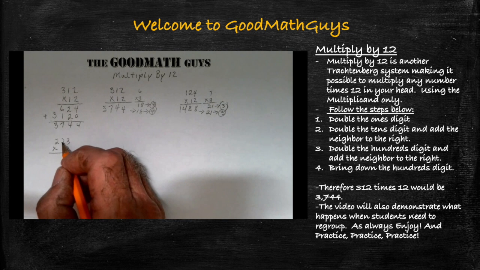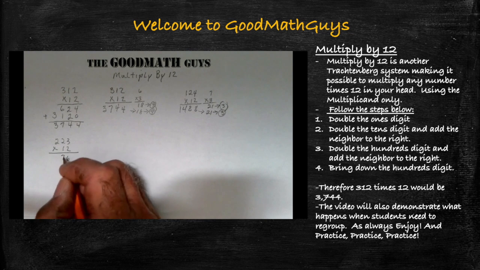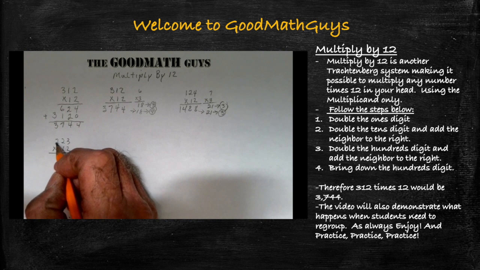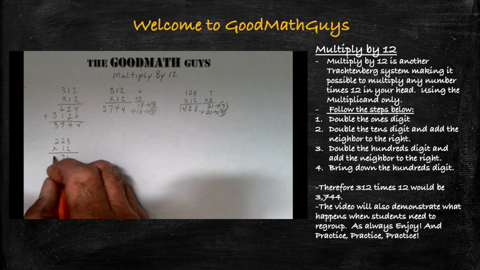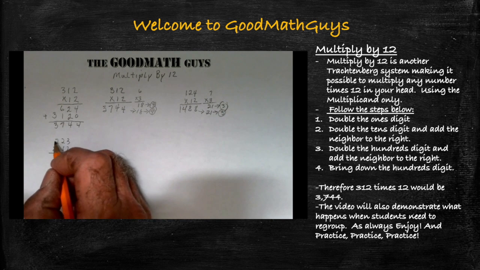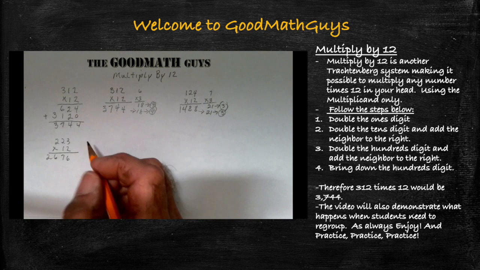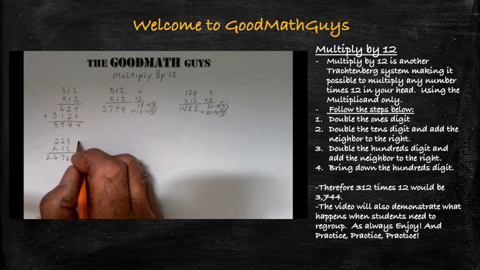Step number 2, double the 2 to a 4 and add the neighbor to the right, gives us a 7. Step 3, double the 2 to a 4, add the neighbor to the right, gives us a 6. Last step, bring down the 2. So we think that 223 times 12 is equal to 2,676.